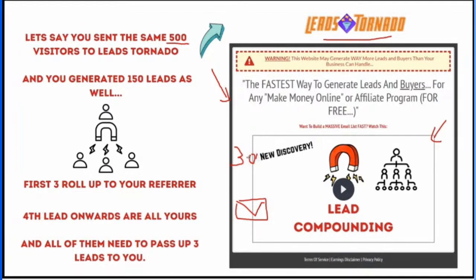Obviously, no guarantees. But let's assume that if it still only got a 30% opt-in, you still get the 150 leads just like you did with the previous page, right? Well, not really, because here's how it works.